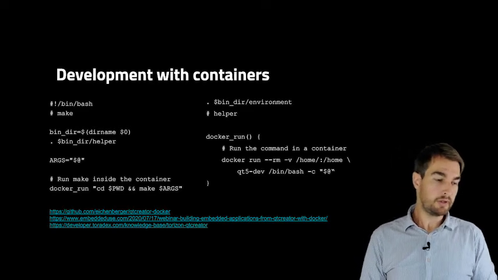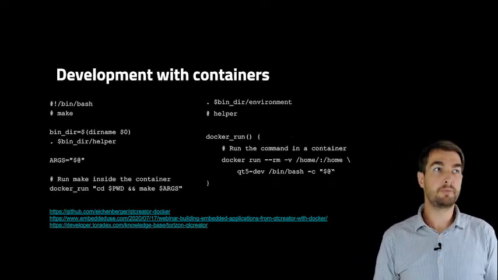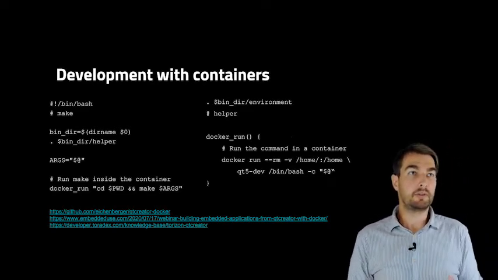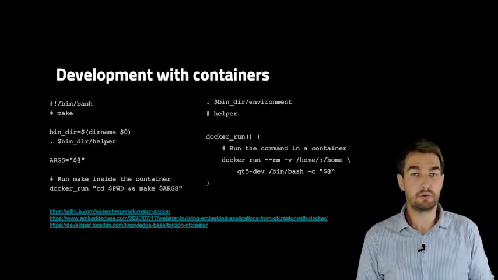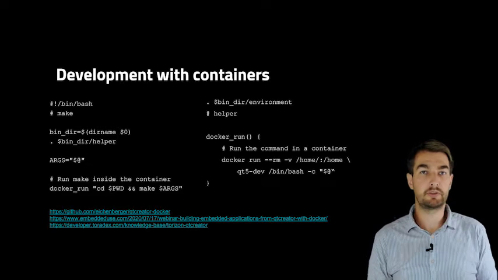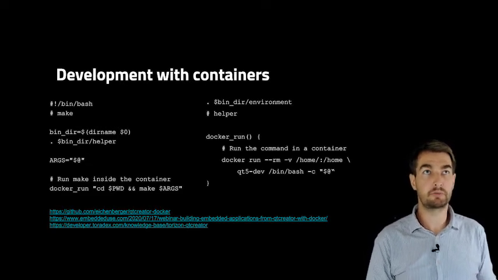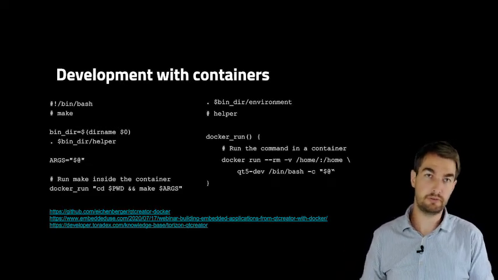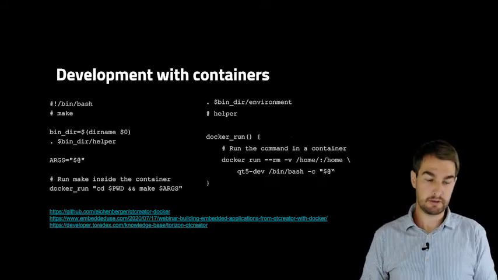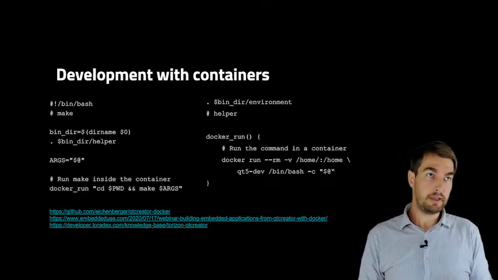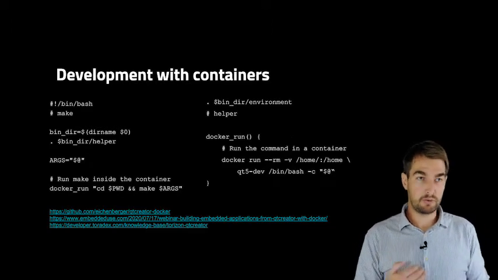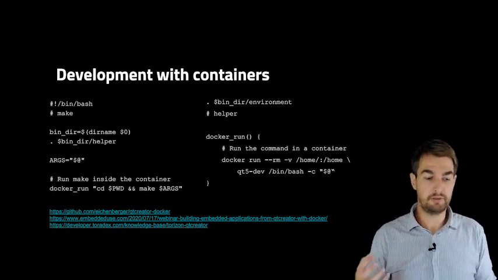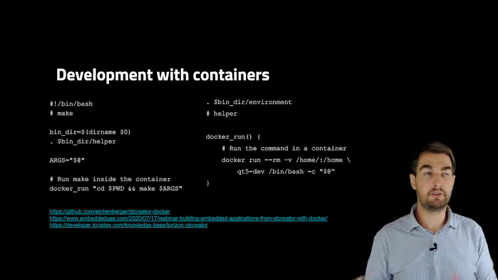Okay, I was talking before about wrappers. Because Qt Creator is not aware of any containers, we cannot just tell Qt Creator to use a certain container to compile an application. Instead, we have to write a wrapper which then abstracts the whole container handling.